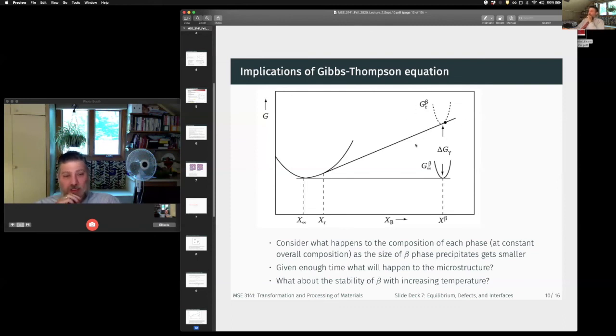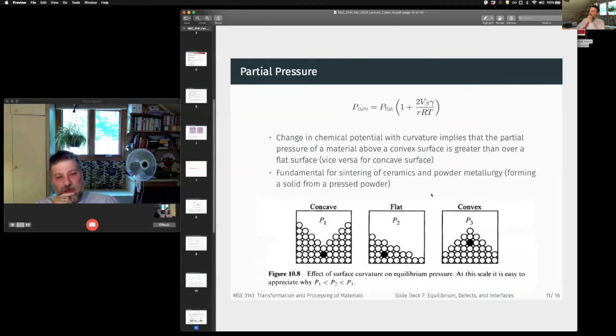So small precipitates have a lower solvus temperature than big precipitates. Or equivalently, very, very fine solid will melt at a lower temperature before a big chunk.